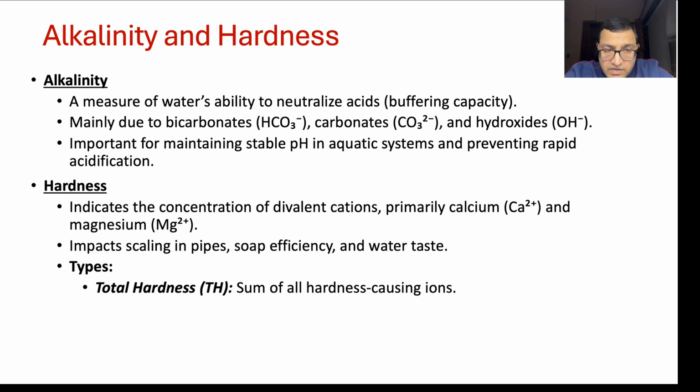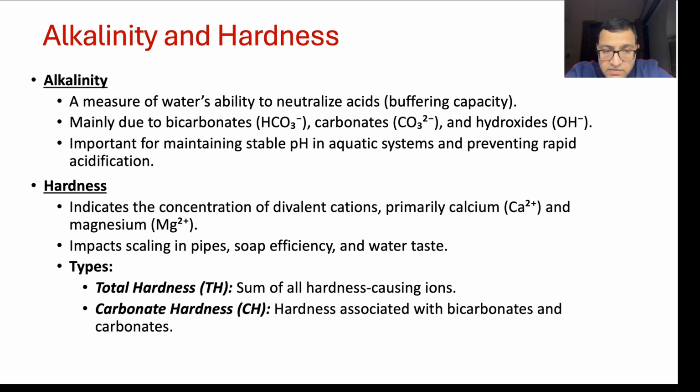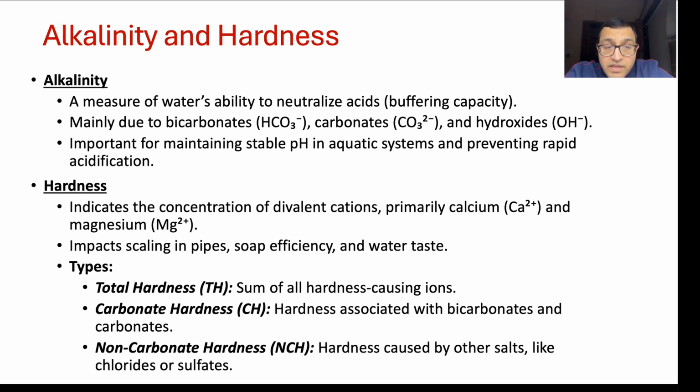You can classify hardness as total hardness, the sum of all hardness-causing ions. Then there is carbonate hardness, the ions associated with bicarbonates and carbonates. And then there is non-carbonate hardness, which is the hardness caused by other salts like chlorides or sulfates. Again, we'll talk about alkalinity and hardness in a separate lecture, and we will also look at how to mathematically calculate some of these things.